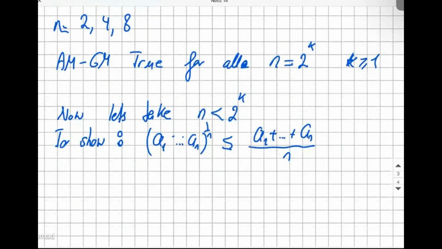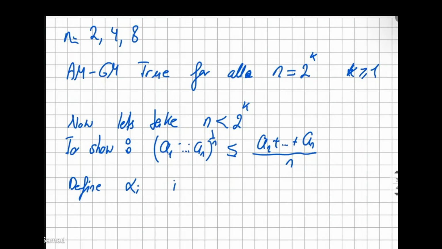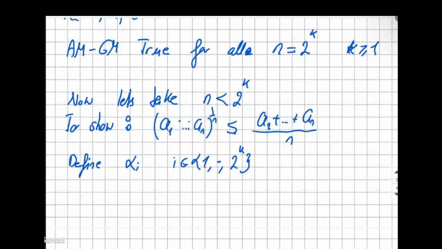Okay. For that, we define a new sequence. Define alpha i's such that i goes from 1 to 2 to the power of k, by alpha i equals ai for all i in 1 to n.